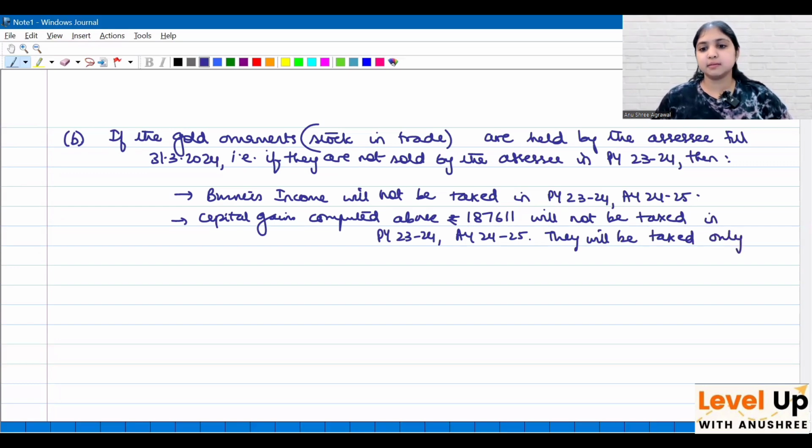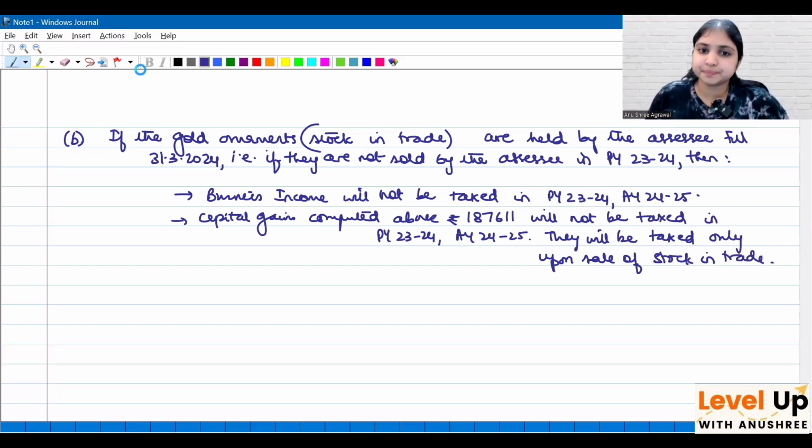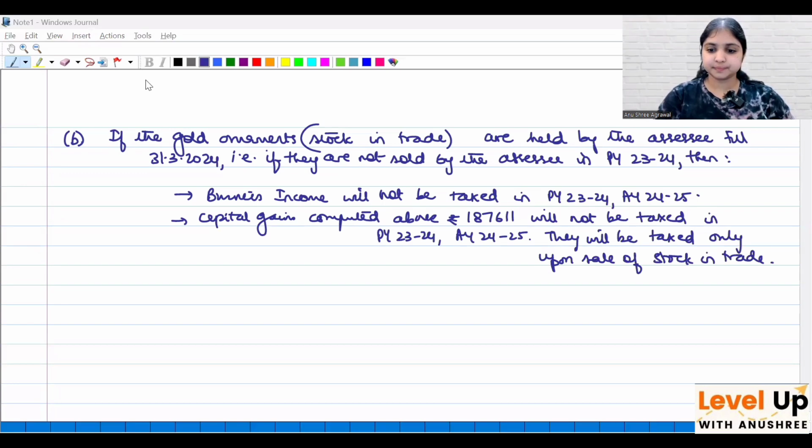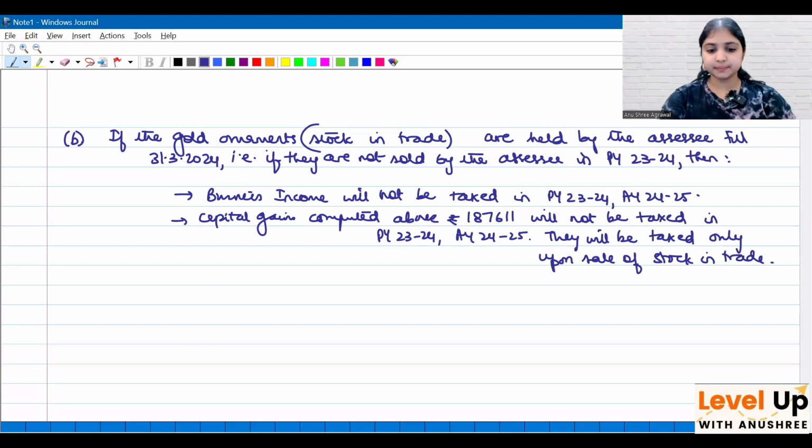They will be taxed only upon sale of stock in trade.